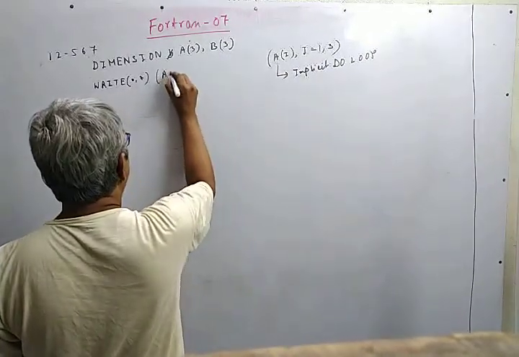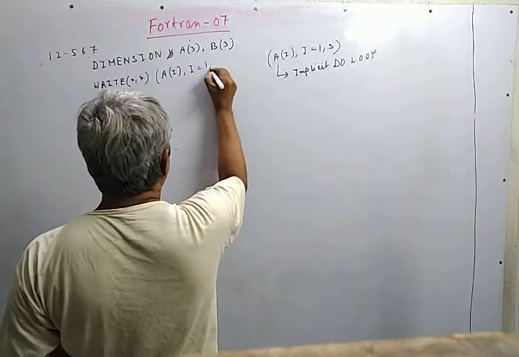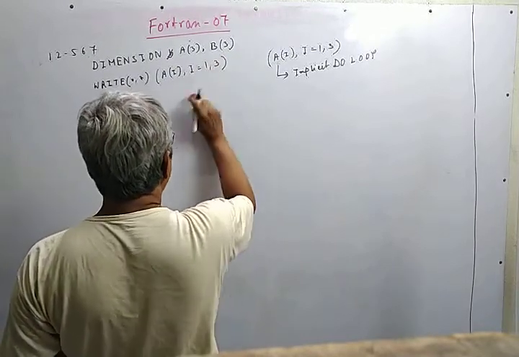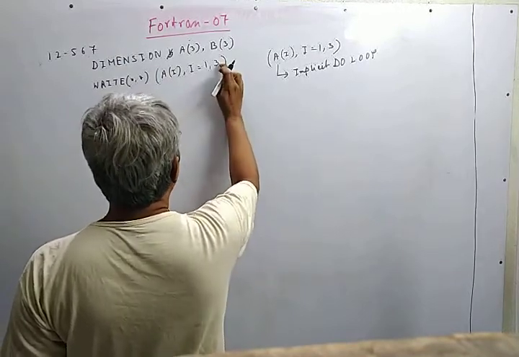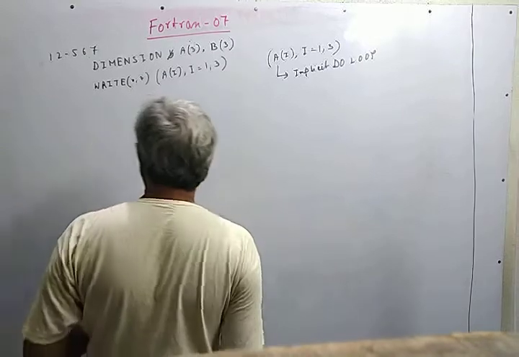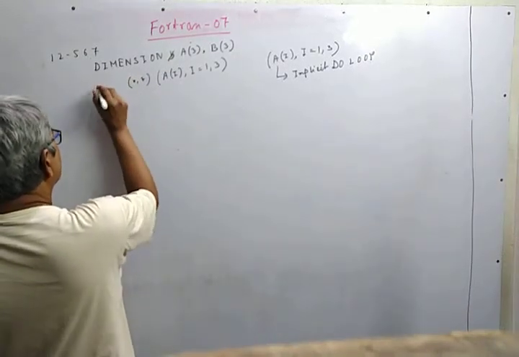So this is A(I), I is equal to 1 comma 3. If you need to write A1, A3, A5, then we use 1 to 5 followed by 2 comma 2. Sorry, it should be read first.